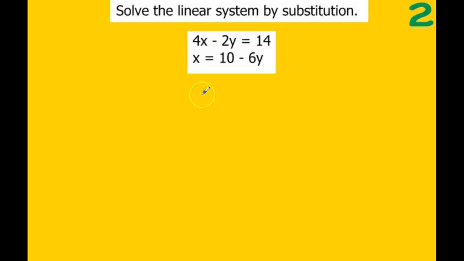So here are our two equations. We need x by itself or y by itself. Now this bottom one already has x by itself, so we know x is equal to this whole piece. Now if you think of this one as a meal, and you don't want the x, you want the french fries instead, we're going to take whatever x is equal to, and we're going to plug it in its place.